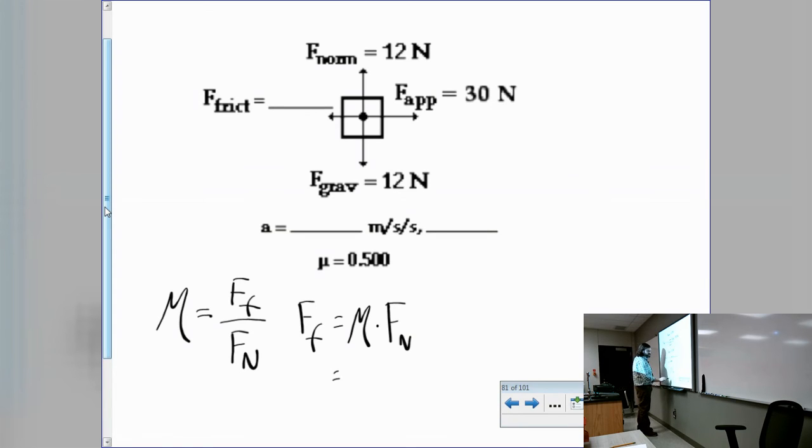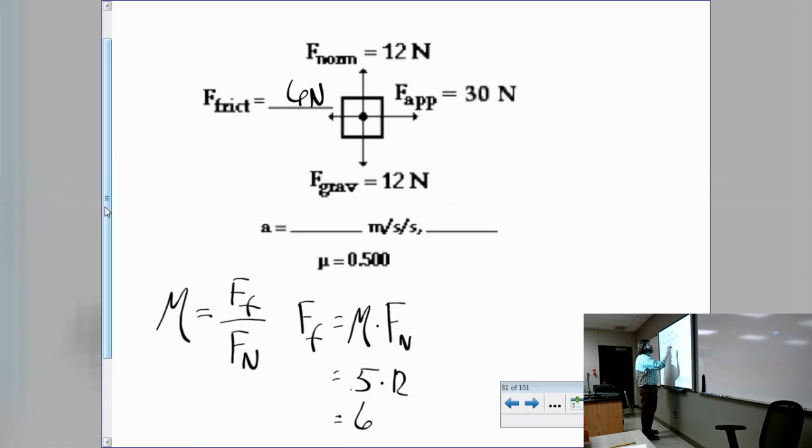So the coefficient of friction is 0.5 and the normal force is 12. So that means our friction force here is going to be 6 newtons. 6 newtons right there. Okay, so our friction force is 6 newtons. Now, after that, we can now find our net force.